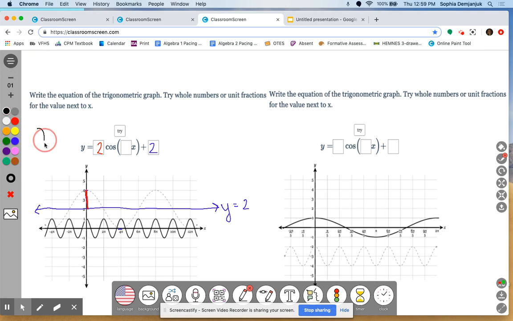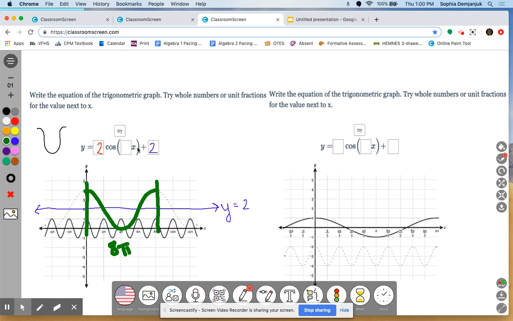Cosine usually looks like this U shape. So I'm going to trace starting at the y-intercept, 1 full period to get that U shape. And it's still upright. So my 2 is going to stay positive. It will not be negative. And I can see that my period for this graph, it went from 0 to 8 pi. So 8 pi is my period.